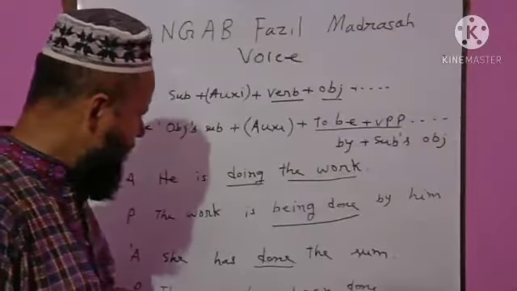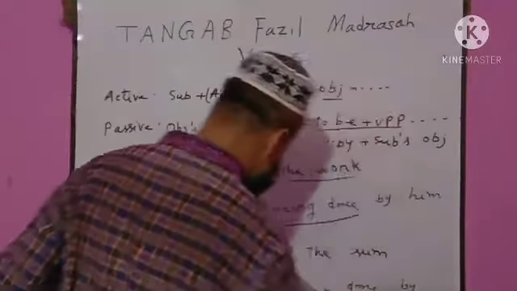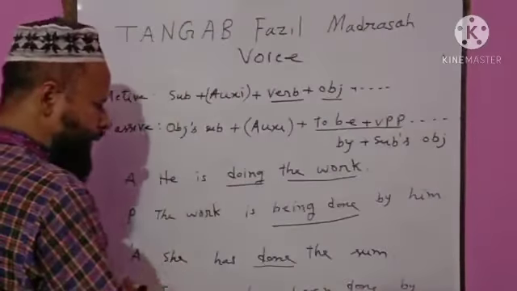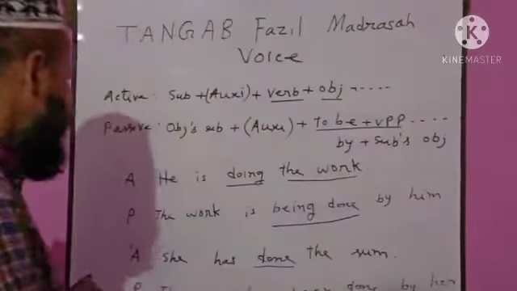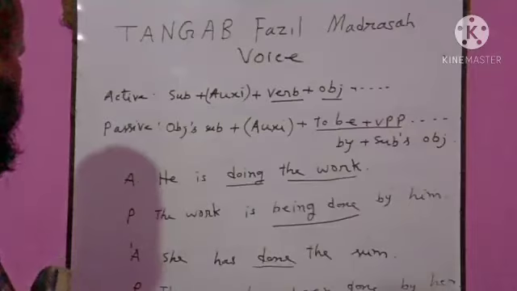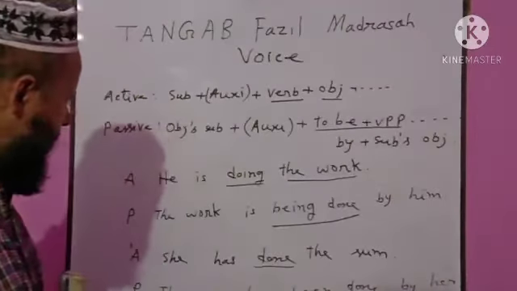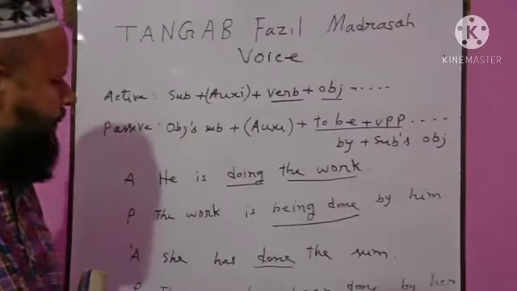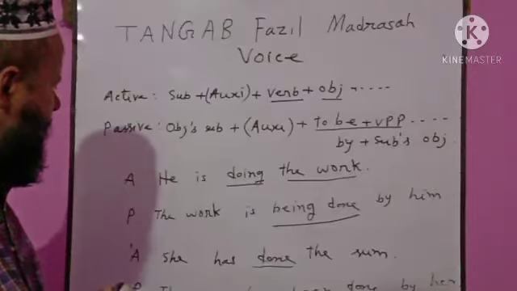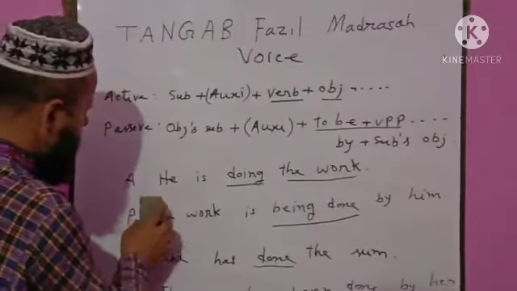The sum has been done by, the subject is she, so object her. She has done the sum. The sum has been done by her. Another example.